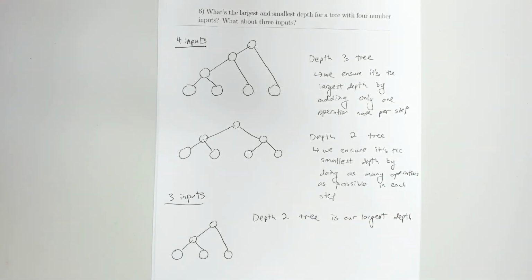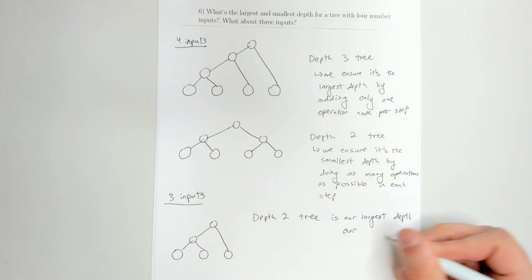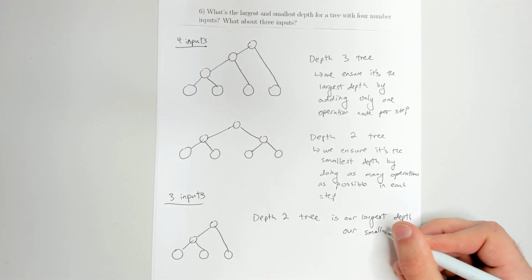But if we go to make a smallest depth, can we do more than 1 operation in this first step? Well, the answer is no, right? We've already used these 2 numbers in their operation here. So what that then means is that this can't be combined with anything else until the next step. There's no other numbers for it to be combined with. So we actually also get that the depth 2 tree is our smallest depth as well.